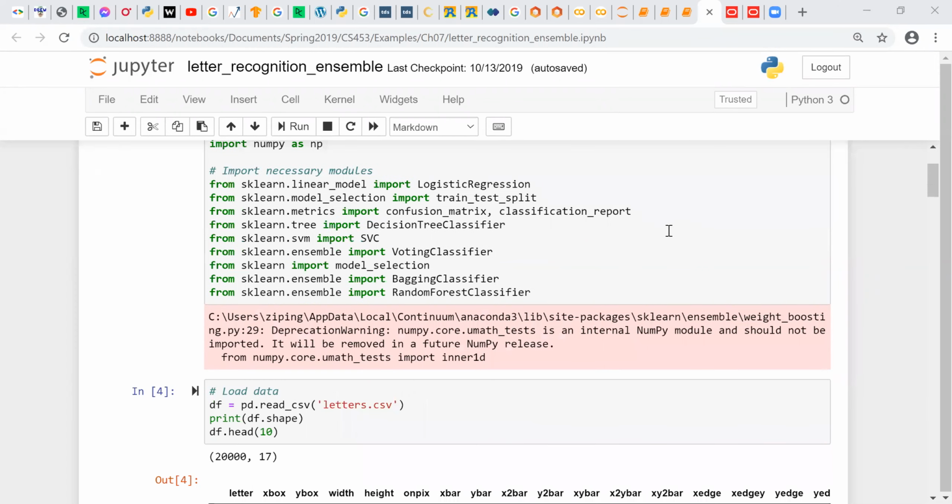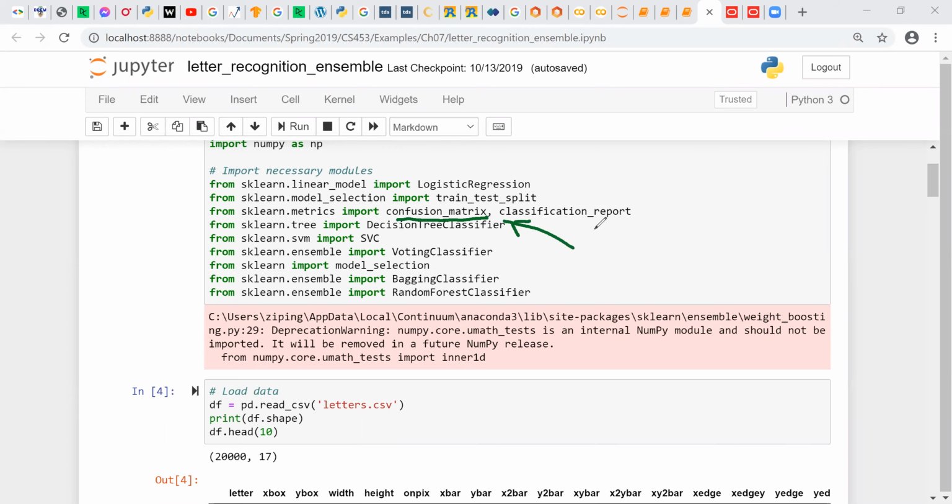So let's see. We import models, logistic regression we learned, and train test split we also already learned. Confusion matrix, classification report. Another question: what is the confusion matrix used for? Who still remembers? We can get the true positives and true negatives. Very good.